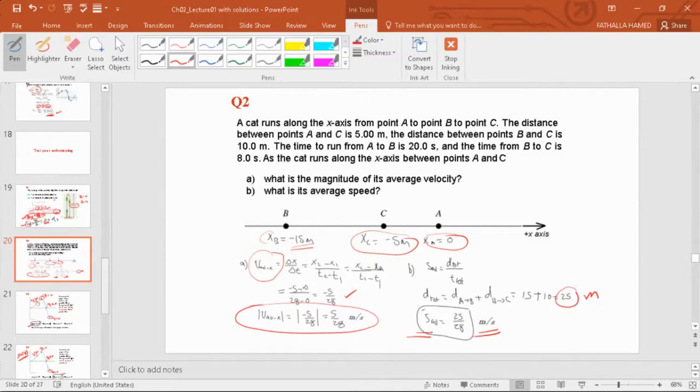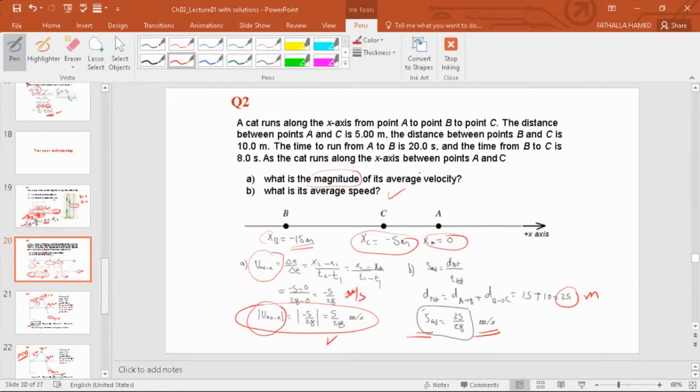So it is minus 5 minus 0, and the time is 28, because 28 minus 0, so you get minus 5 over 28 meters per second, and that's your average velocity along the x-axis. Now they ask about the magnitude, and magnitude means you take the absolute value of this, and the absolute value of minus 5 over 28 will give you 5 over 28 meters per second.